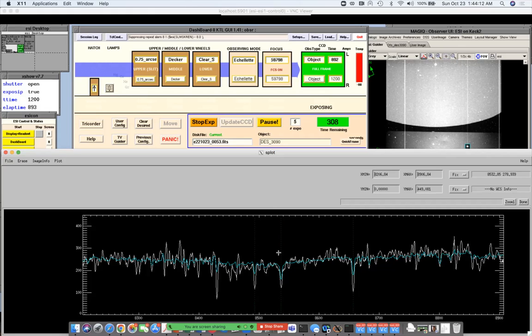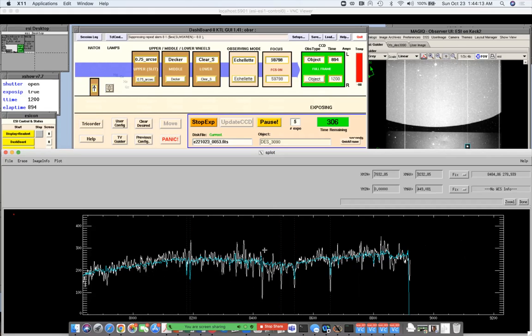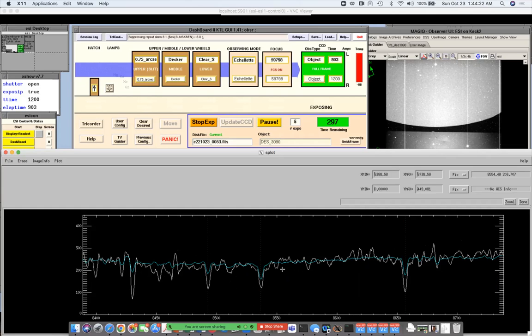Sorry, Raja, that spectrum appears to show two overlapping spectra. Is one of them the spectrum and the other one like a comparator? Exactly. That's very perceptive of you. White is the spectrum. These are stars not in Andromeda, but in the Triangulum galaxy, M33. You'll see that the white spectrum has a lot of noise, whereas the blue spectrum is an empirical template of a bright star whose velocity is known.